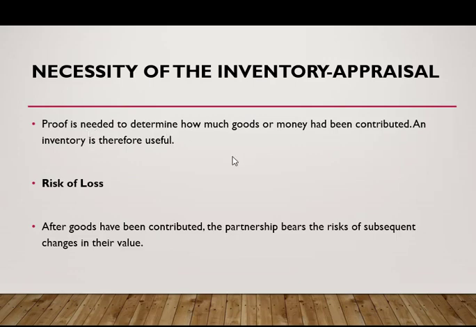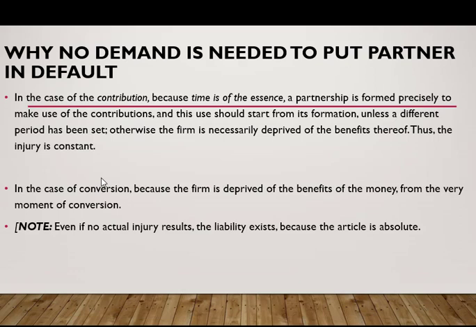Proof is needed to determine how much goods or money has been contributed, and inventory, therefore, is useful. And then who bears the risks of subsequent changes, such as loss on the value of the property? After the goods have been contributed, it is the partnership that would bear the loss.